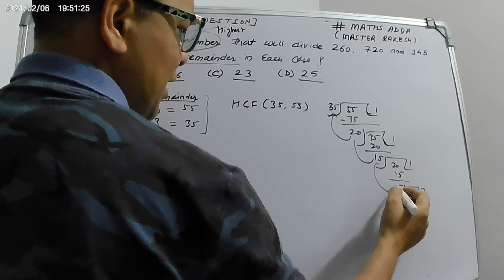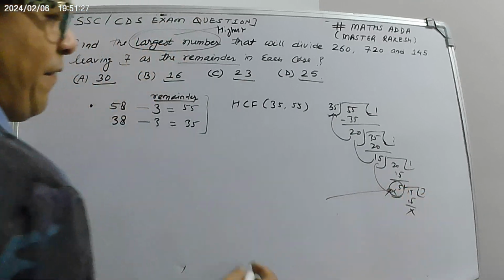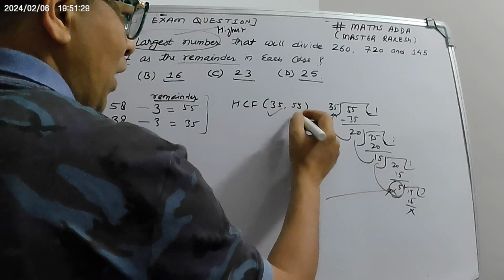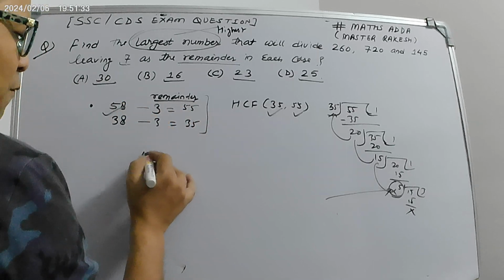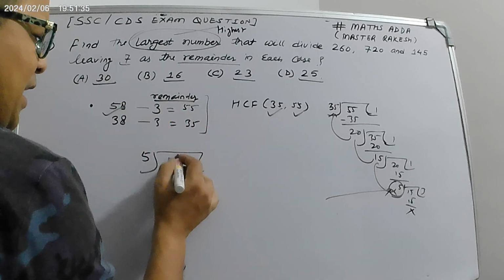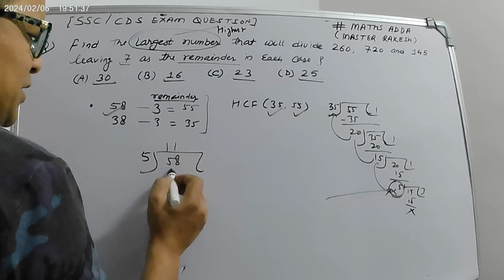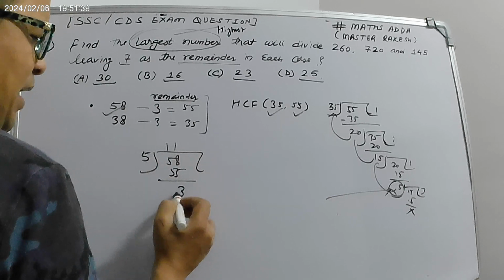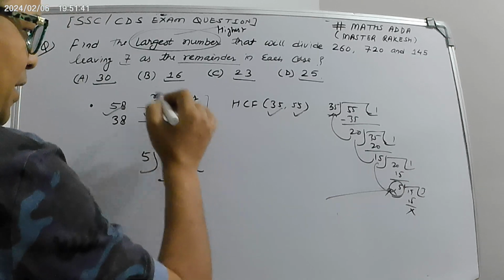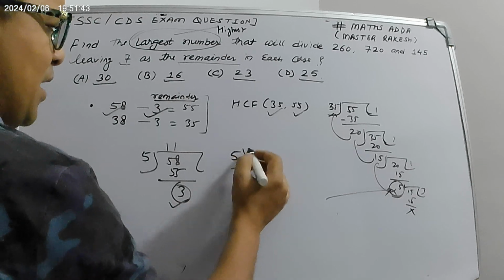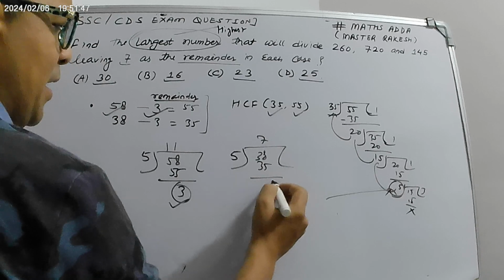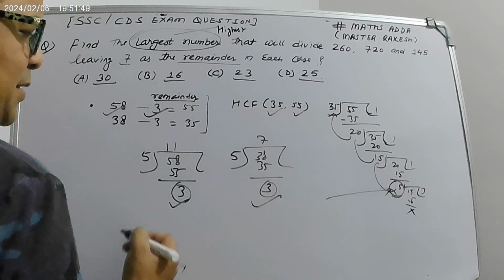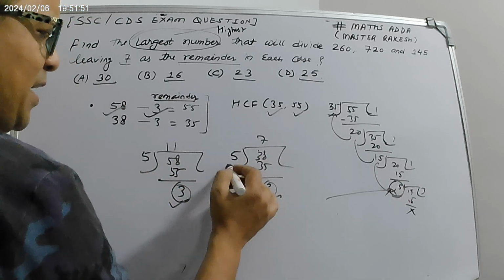Now the remainder is nothing, so 5 is the highest common factor. Now you can verify the answer. Divide 58 by 5: 5 times 11 is 55, remainder 3. Again divide 38 by 5: 5 times 7 is 35, remainder 3. In each case the remainder is 3.